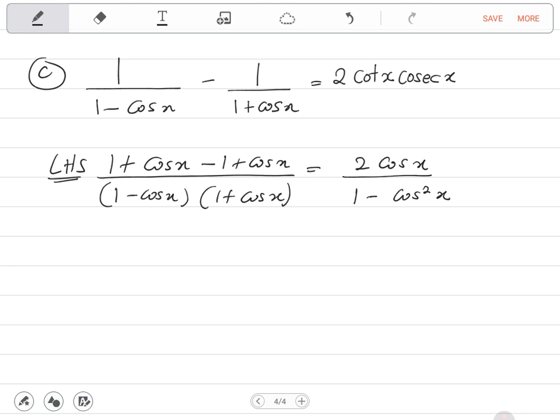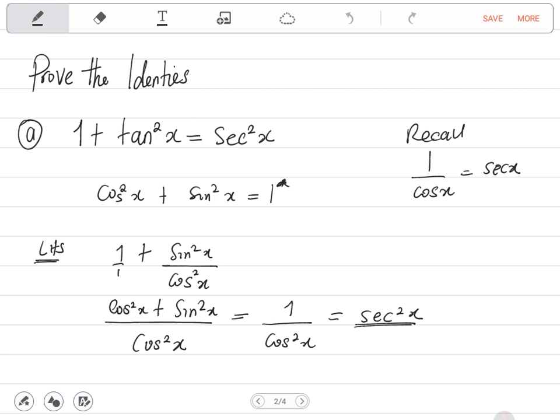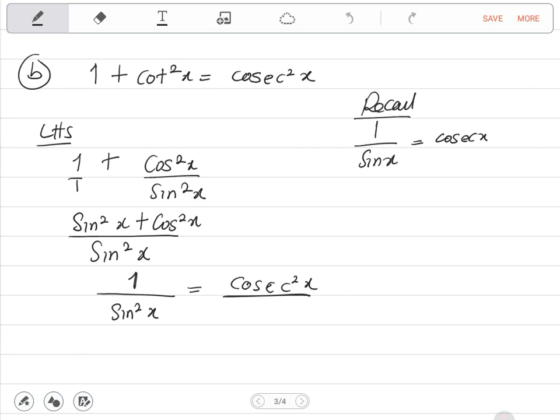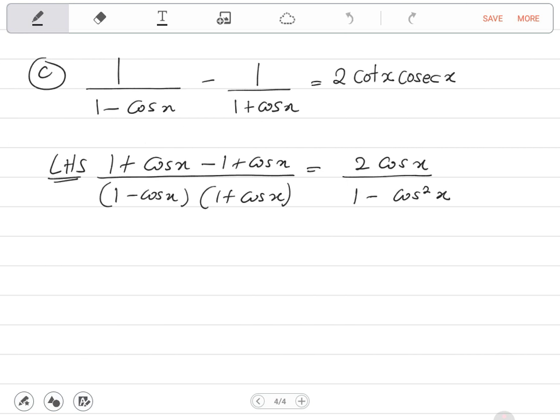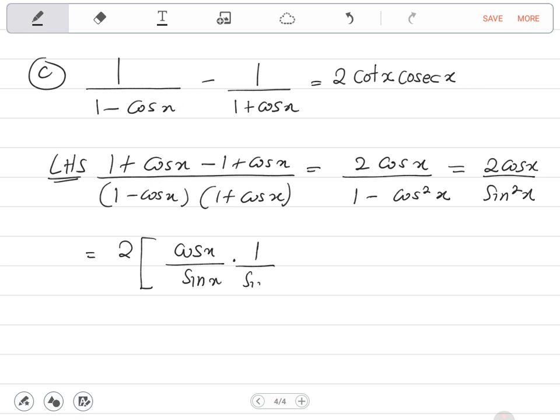Now, from this identity again, if you make sin squared x the subject of the formula, you'll be getting this. Meaning this is just the same thing as 2 cos x over sin squared x. Now, we understand that what we have there is just the same thing as 2, everything being multiplied by cos x over sin x multiplied by 1 over sin x.